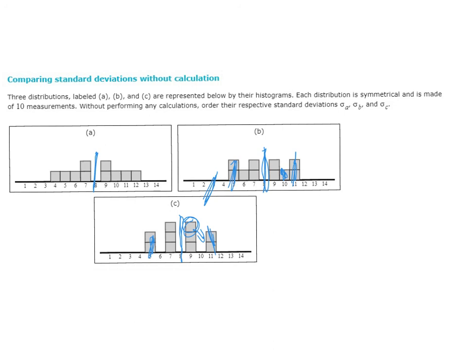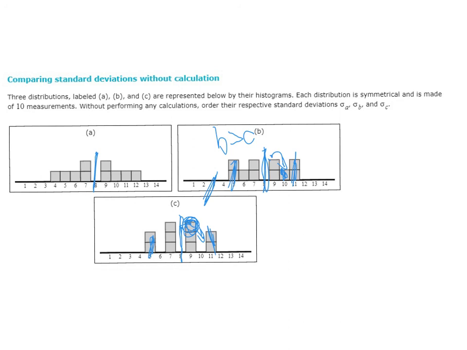So I would say B is a little bit more spread out than C. So B is going to have a bigger standard deviation than C, simply because this block that's really close to the mean gets moved over here in this data. So B's a little bit more spread out.